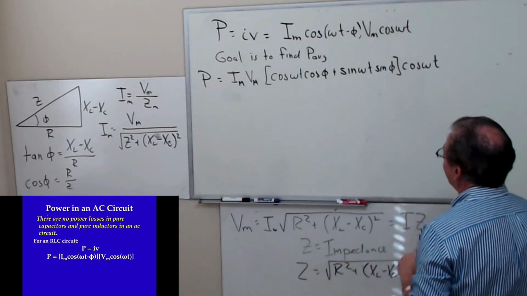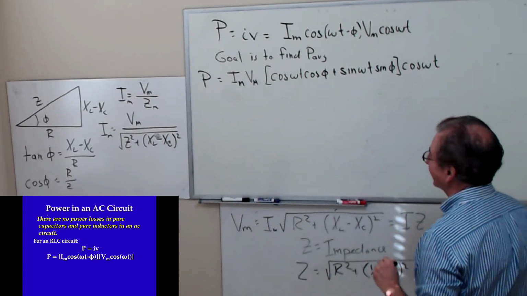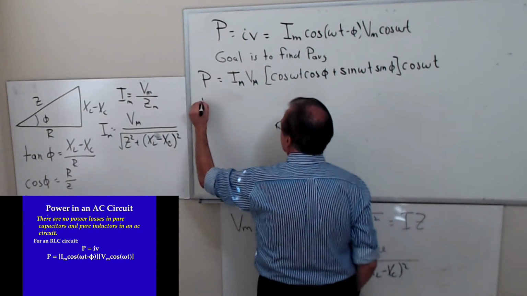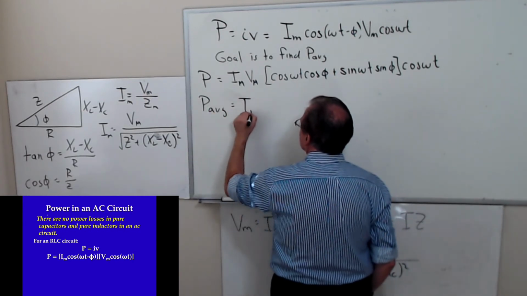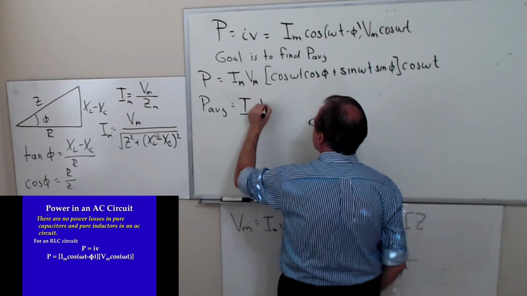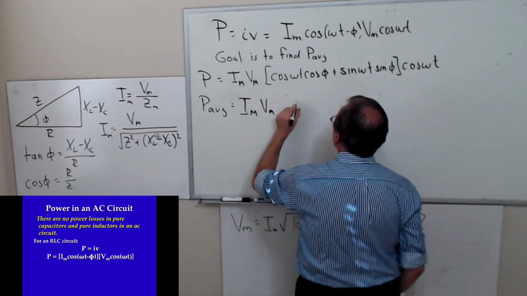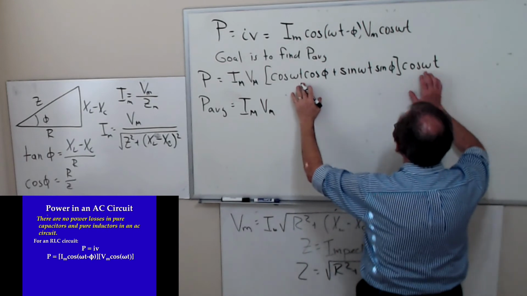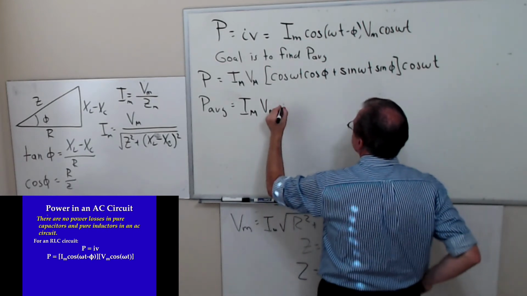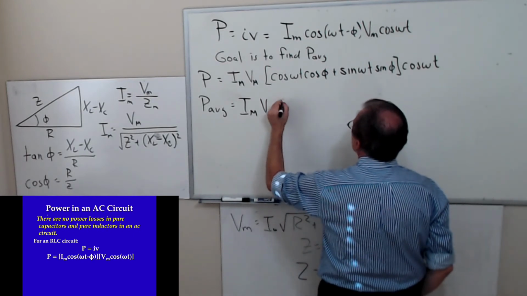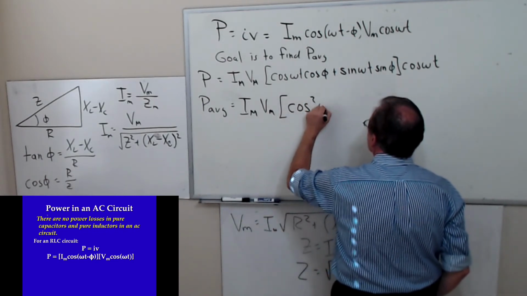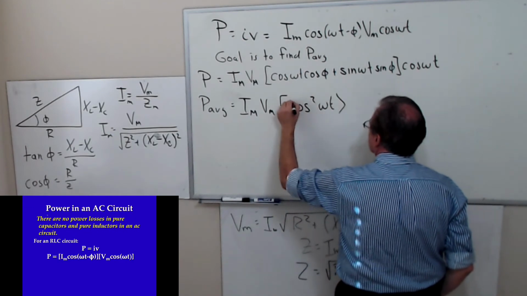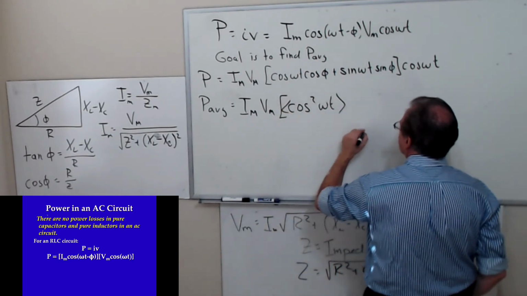Okay, so I want to find the average of this thing. Well, these are time independent, so let me distribute this through. I want to take the average of that.